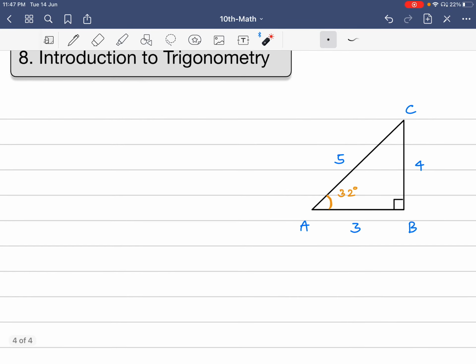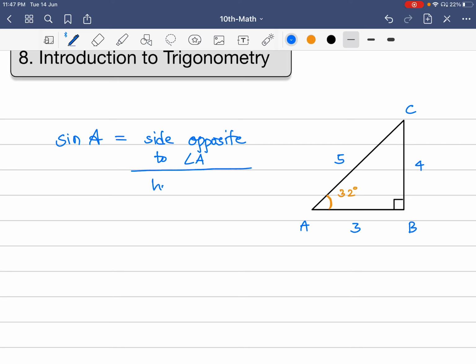Now let's come back to the definition of sine of A. Sine of A is defined as the side opposite to angle A, the whole divided by the hypotenuse.